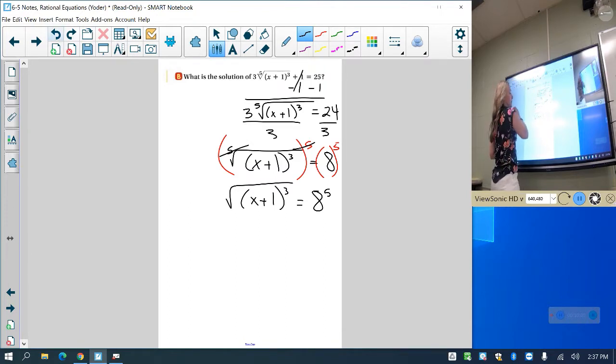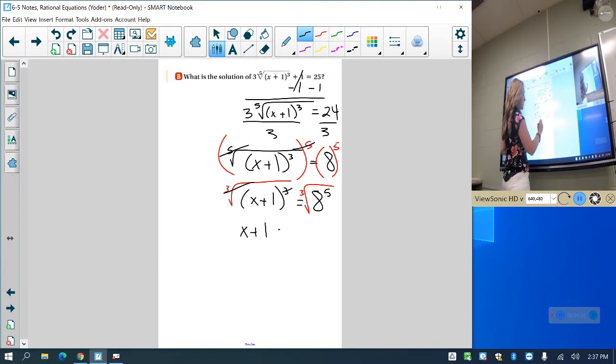I'm going to use a different color for that. So I take the cube root. Cube root of a cube cancels, and we don't need a plus or minus since the index of my radical is an odd number. So I have x plus 1 equals the cube root of 8 cubed times 8 squared.